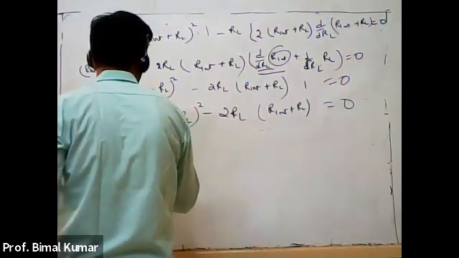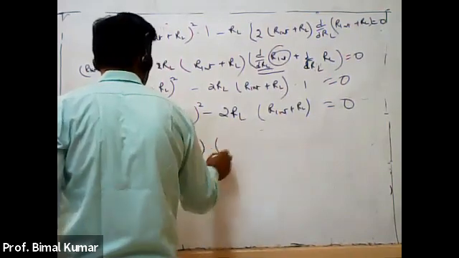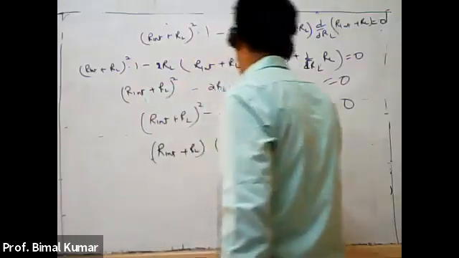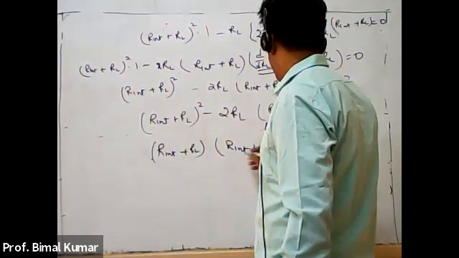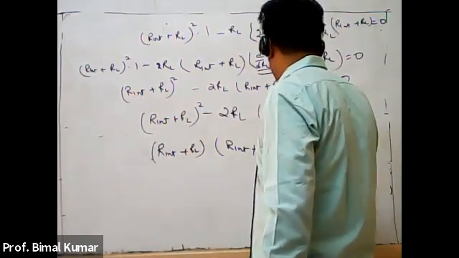So this will be (R internal plus RL) into (R internal plus RL), because from this one part will be taken outside, remaining is this minus 2RL, is equal to 0.